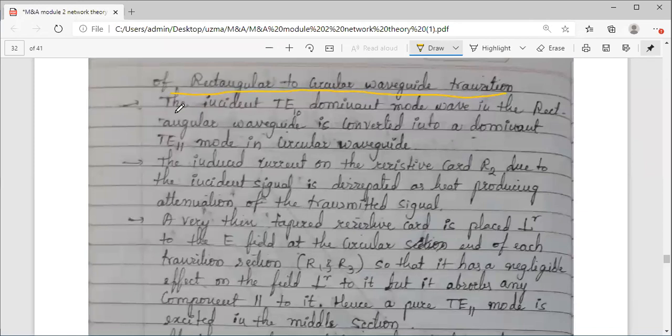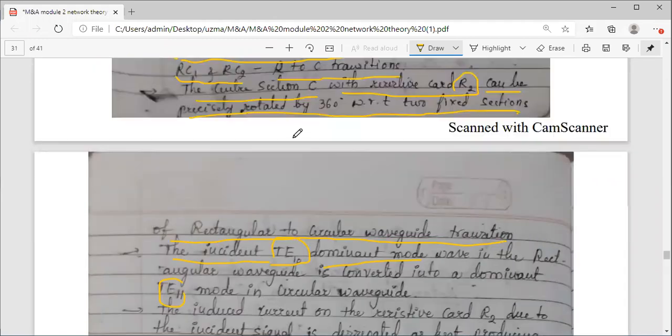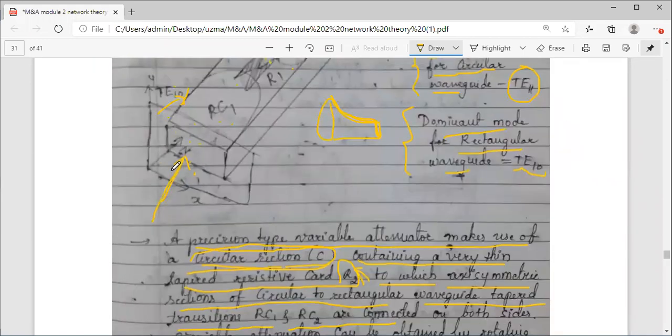Okay. Now, as I told you, in case of rectangular waveguide, the dominant mode is TE10, and in case of circular waveguide, it is TE11. The incident dominant mode is TE10, because when you transmit the wave from here, this wave will encounter a rectangular waveguide.